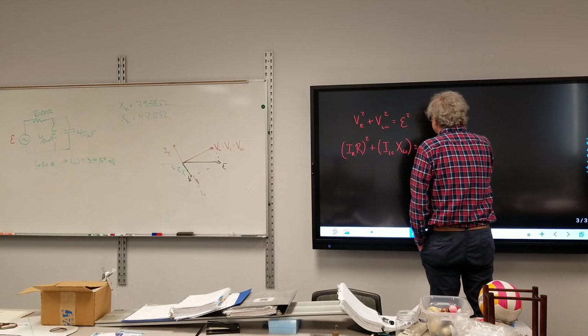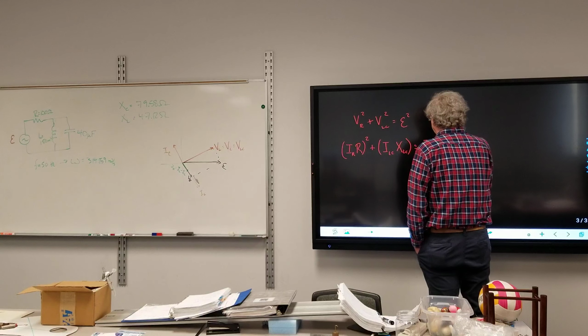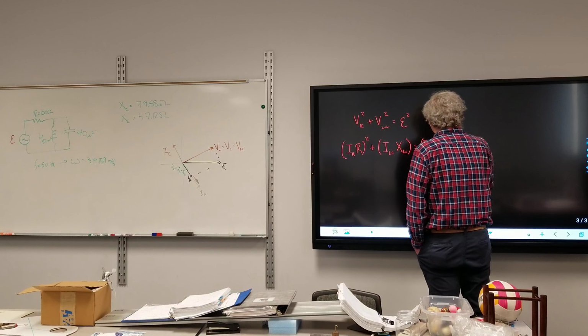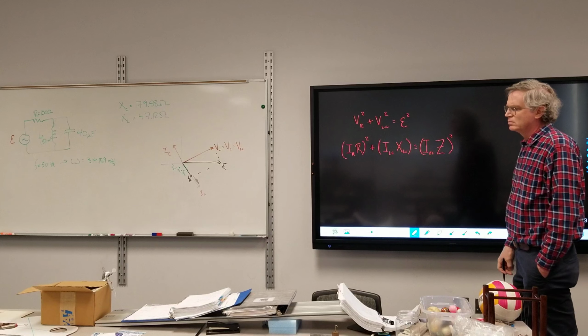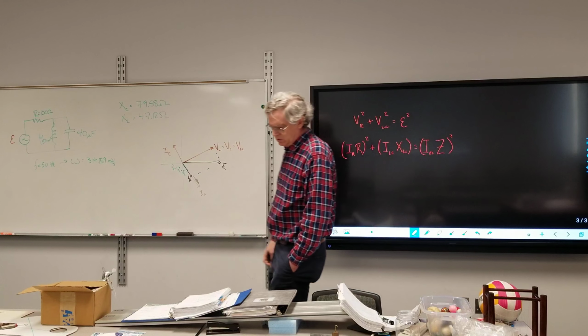Equals I power supply times the impedance squared. Let's make sure I am actually heading towards that.